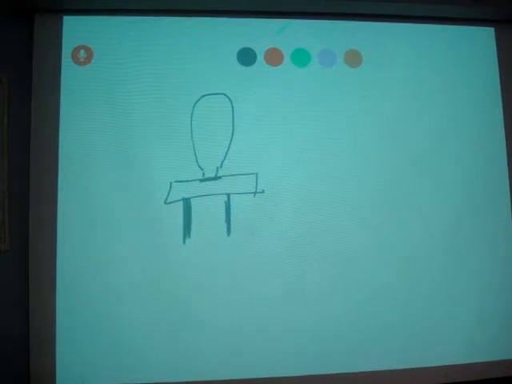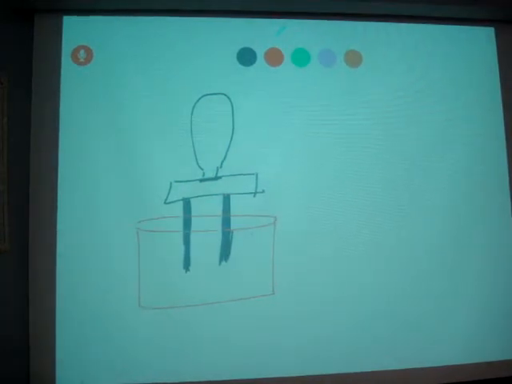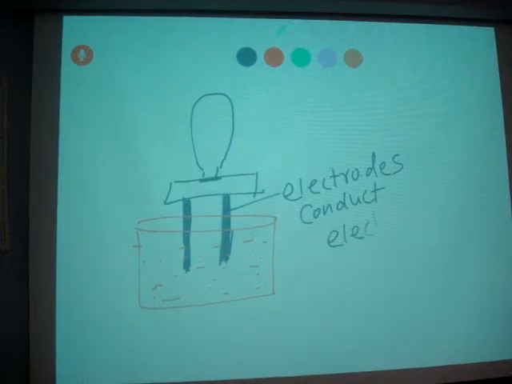Electrodes conduct electricity. Now, when we immerse this equipment into a solution, let's say this is a solution, these are electrodes that conduct electricity, and this is a light bulb.